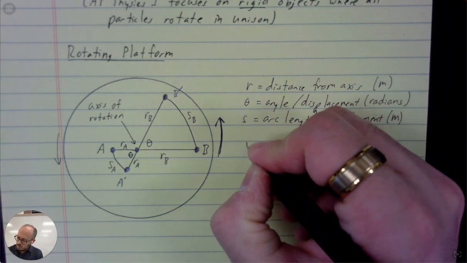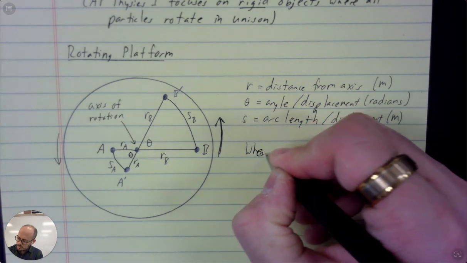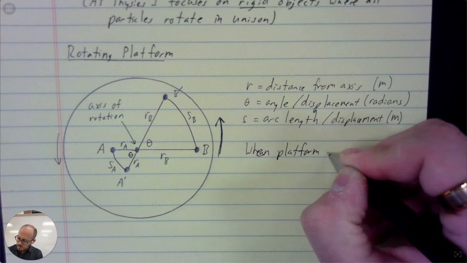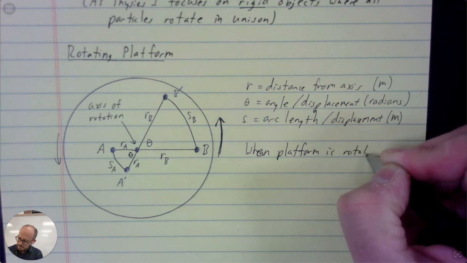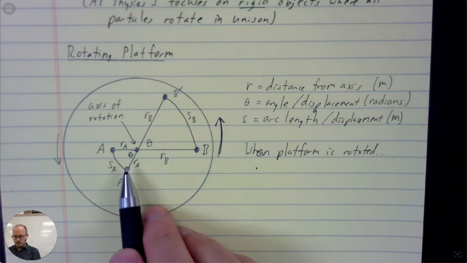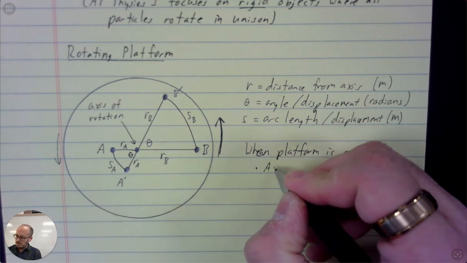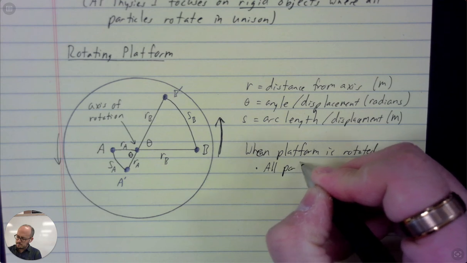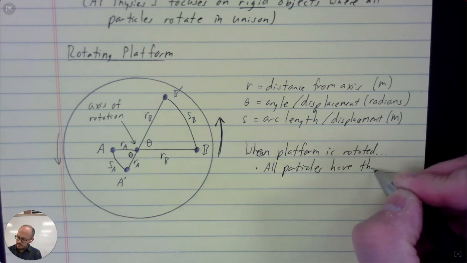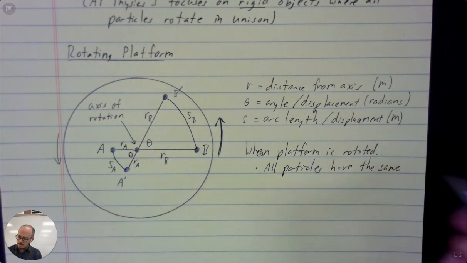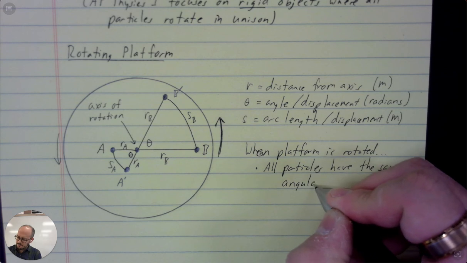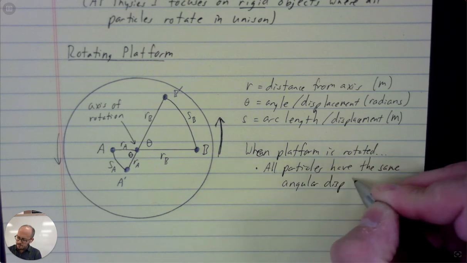So when the platform is rotated, the main thing I want you to see is all particles have the same, and we're going to call this angular displacement.